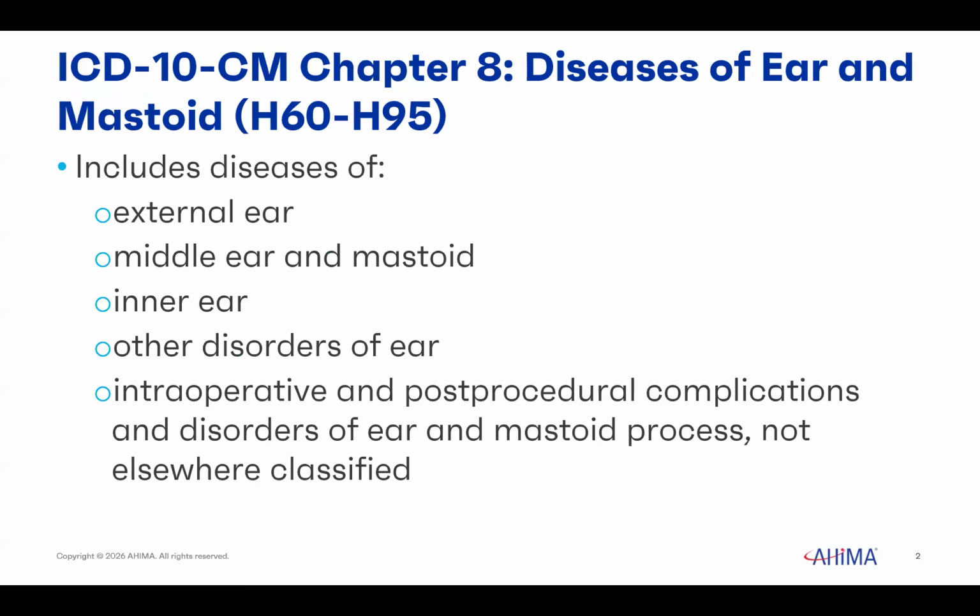These codes include all diseases of the external ear, internal ear, middle ear, if you will, mastoid, the inner ear, any other disorders of the ear, and all intraoperative and post-procedural complications of the ear that are not elsewhere classified.